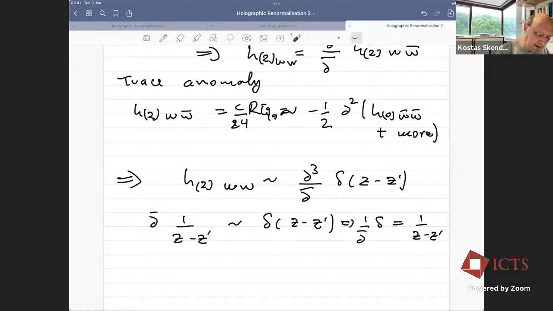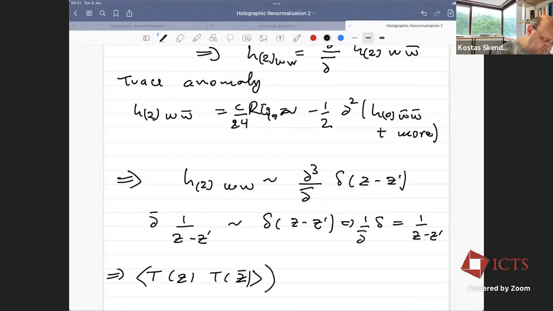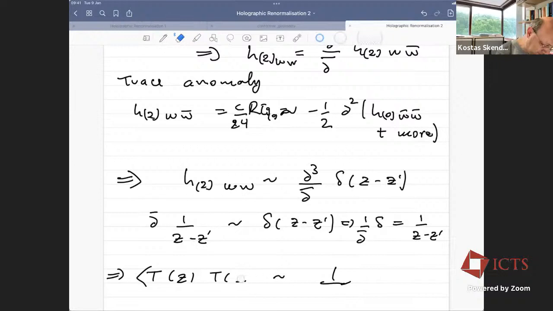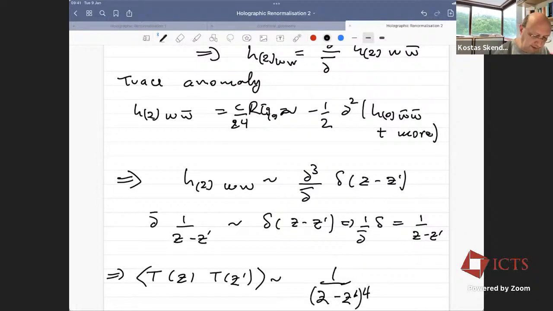And then you take 3 other derivatives. And of course, we know what we expect here: in two-dimensional CFTs, this is c over 2.